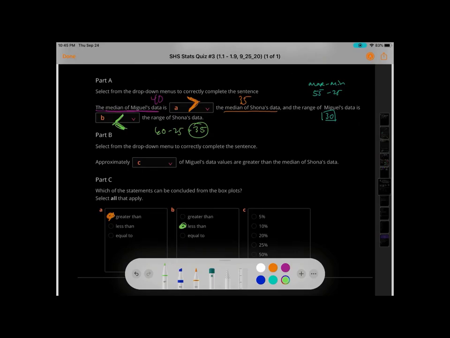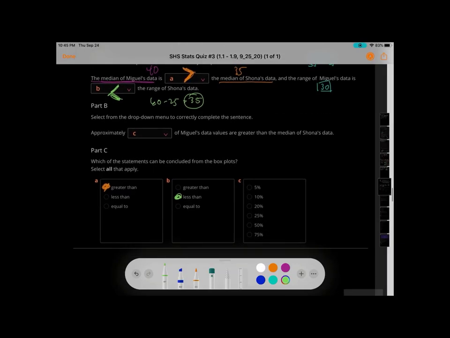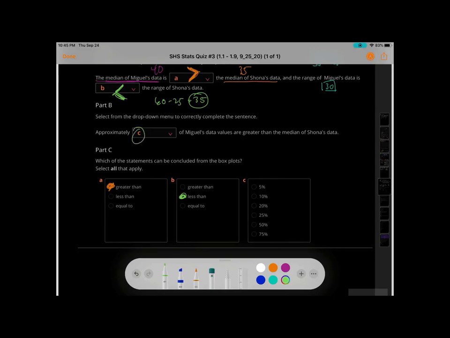Okay, then it says, select from the drop-down menu to correctly complete the sentence. Approximately blank of Miguel's data values are greater than the median of Shona's data. Okay, so I know that C represents percentages.